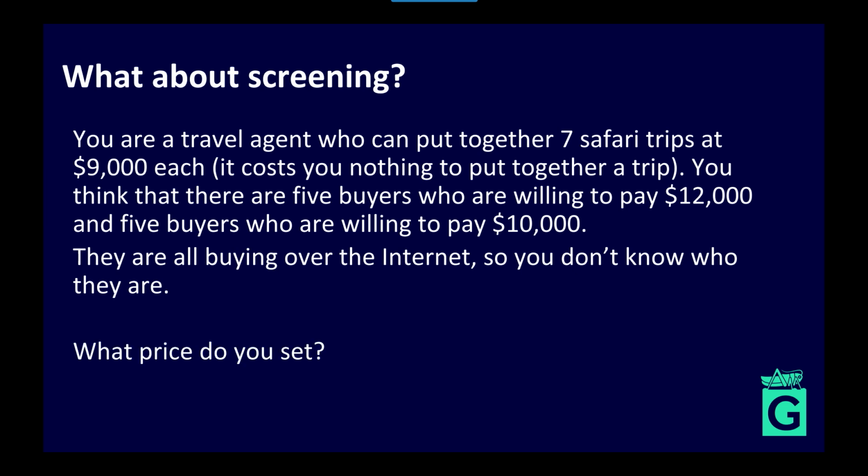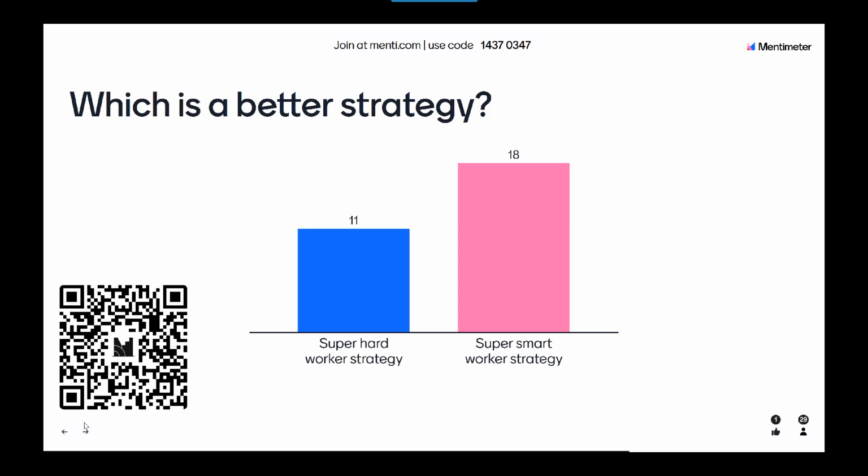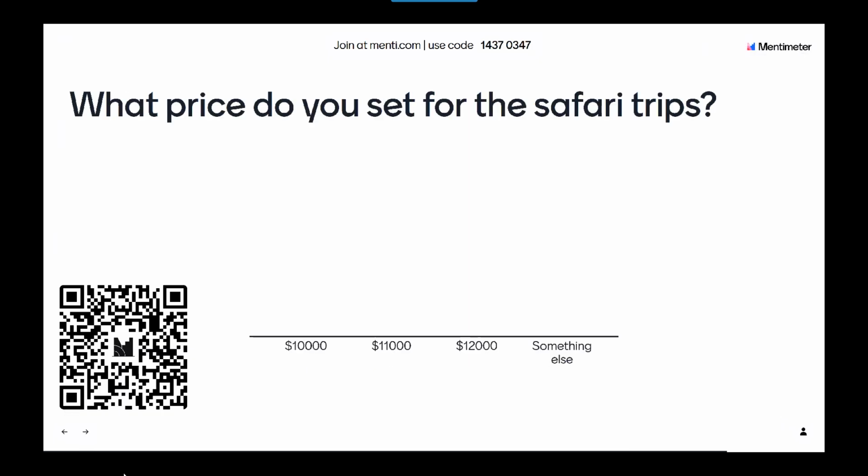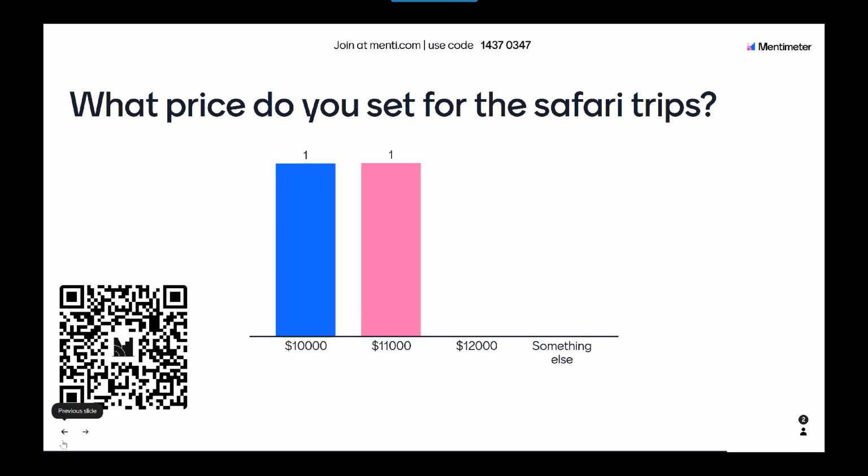The question is, what price do you set? So you can charge $10,000, $11,000, $12,000, or anything else. Remember, it costs you $9,000 to put together the trip, and you think 5 people are willing to pay $10,000, and 5 people are willing to pay $12,000, but you only have 7 trips.